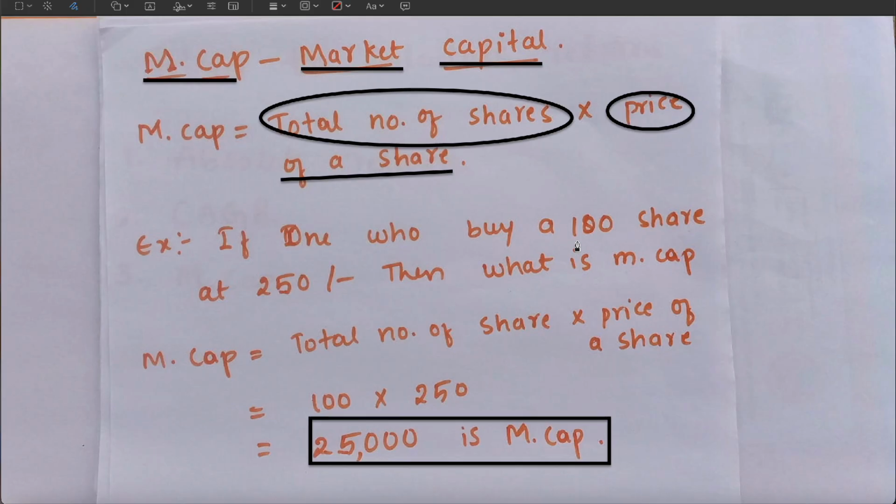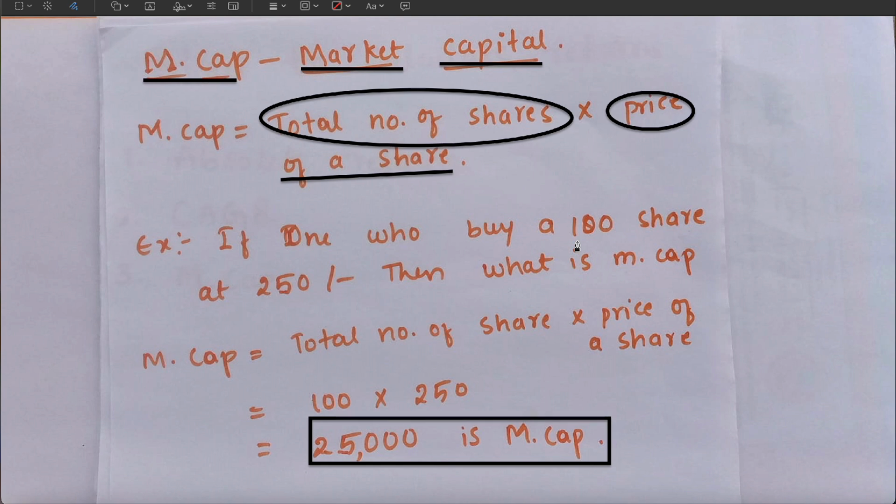The last one is MCAP, that means market capitalization or market capital, abbreviated as market cap or MCAP. MCAP is the total number of shares that you hold in ABC company multiplied by the price per share.